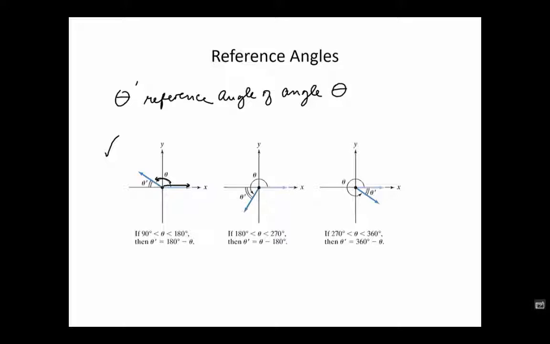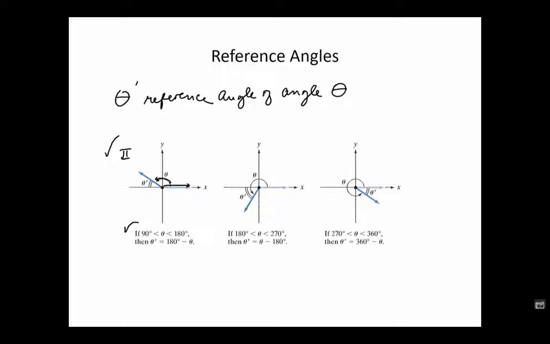So if theta is between 90 degrees and 180 degrees, in other words, it's a quadrant 2 angle, we find the reference angle, theta prime, by subtracting 180 degrees minus theta.